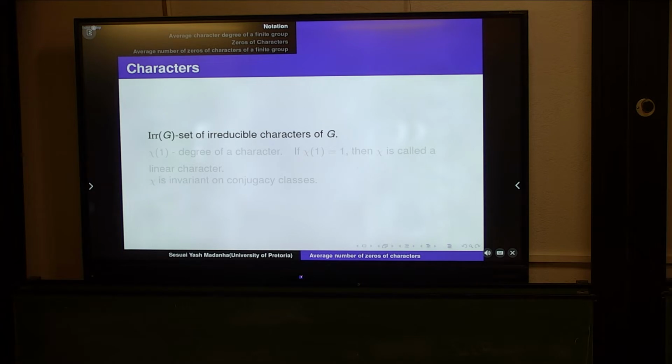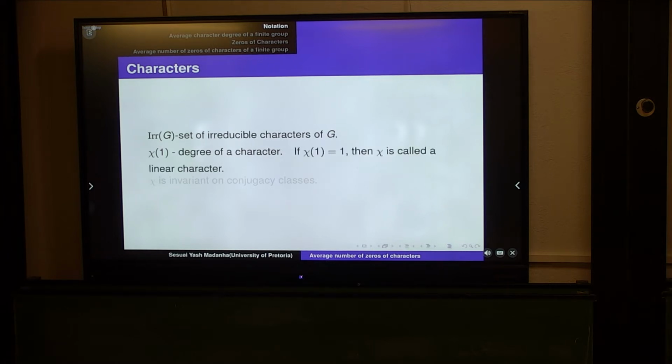The set of irreducible characters will be represented by Irr(G), as Mandy showed us when she presented. The character degree is just the character value on the trivial element.